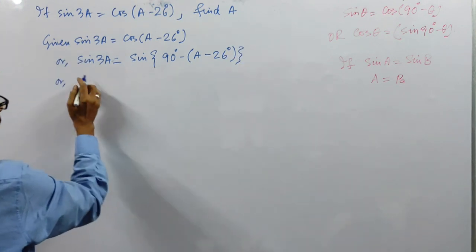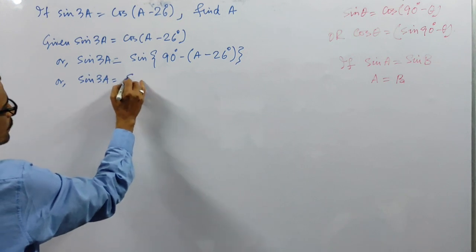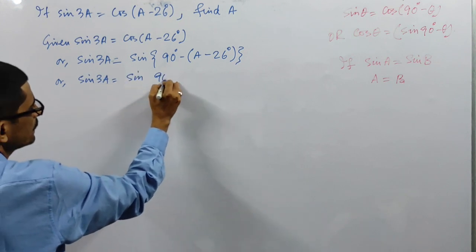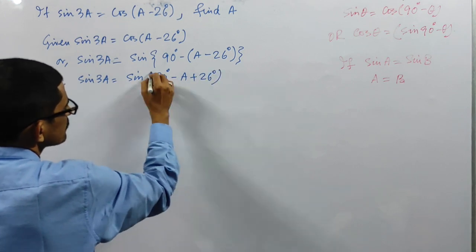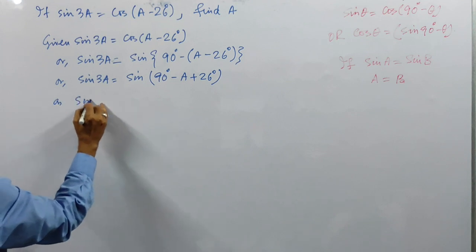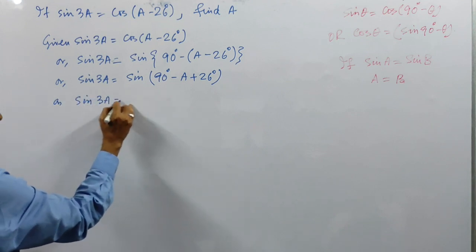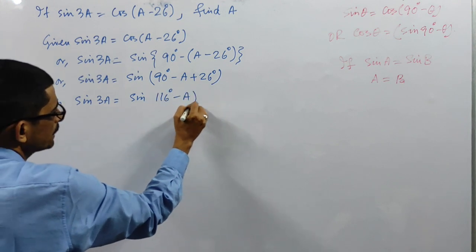Simplify this part. Sin 3a is equal to sin(90 minus a plus 26). Simple algebra. Or sin 3a is equal to sin(116 degrees minus a).